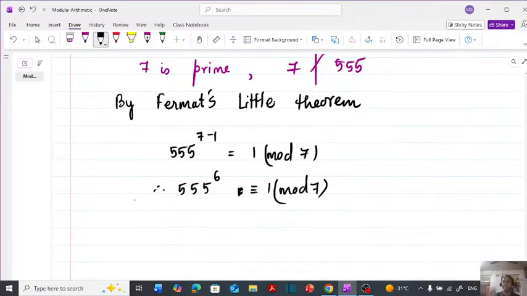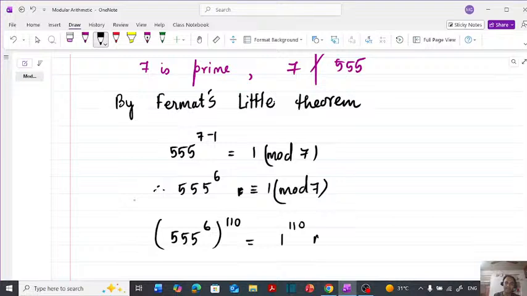Now, what does this become? We will take it to the power 110. 555 whole raised to 110 is 1 to the power 110. This is the beauty of modular arithmetic, that you take as large a power as you like as long as there is a mod.